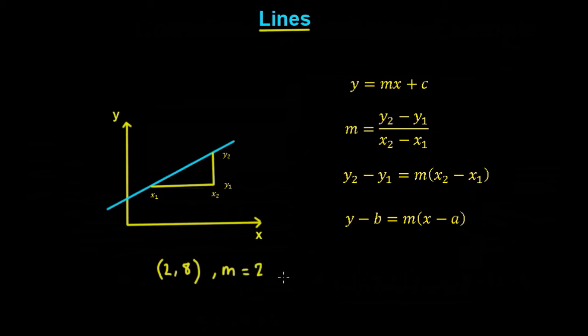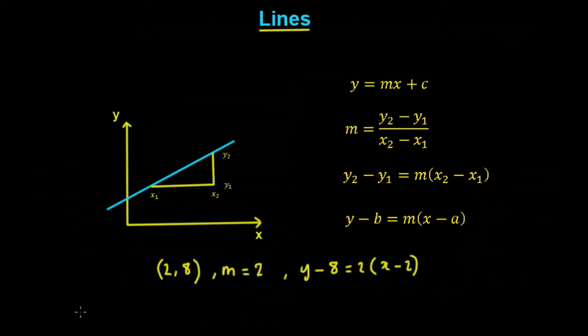So therefore we can say from our equation that y minus b, now the b in this instance is the 8, equals the gradient m, which is 2, times x minus, now the a will be our value of 2.